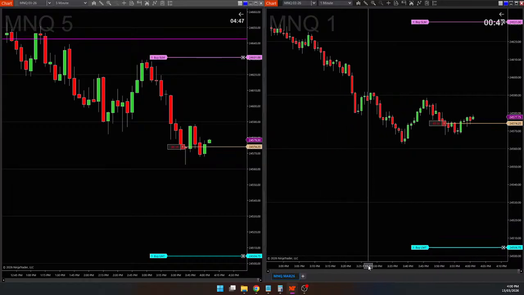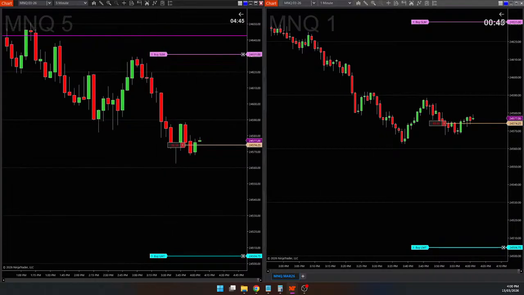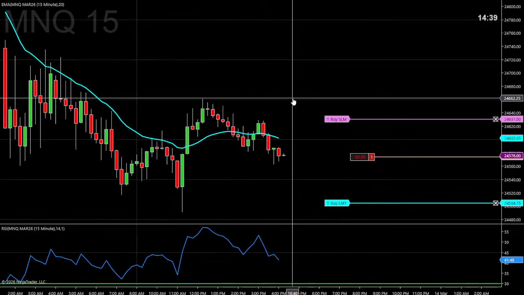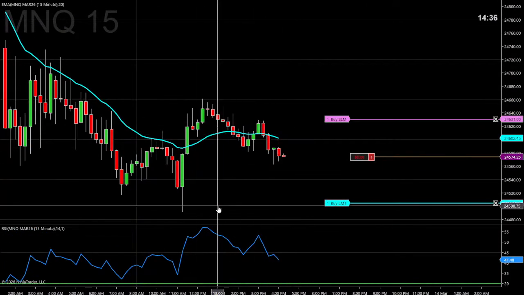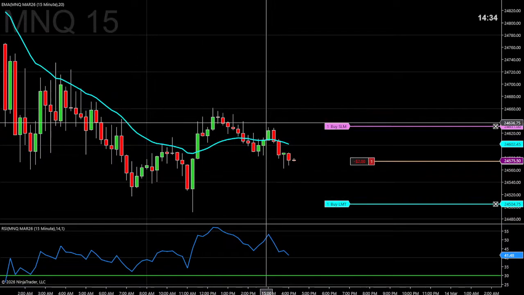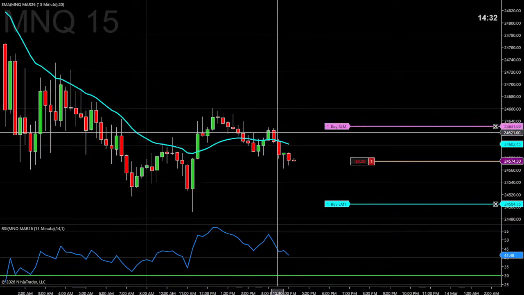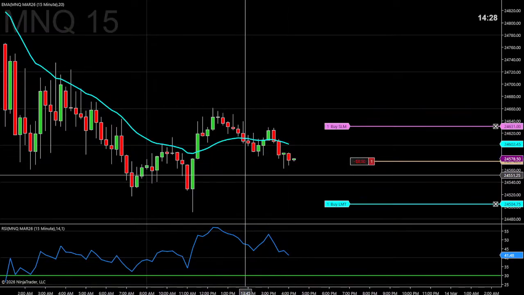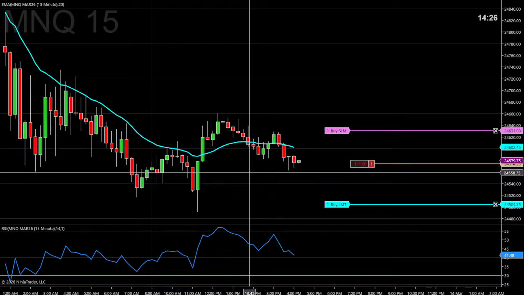On the main chart, MNQ is keeping its structure. It's got a lower high here, and a lower low here. So I'm shorting.